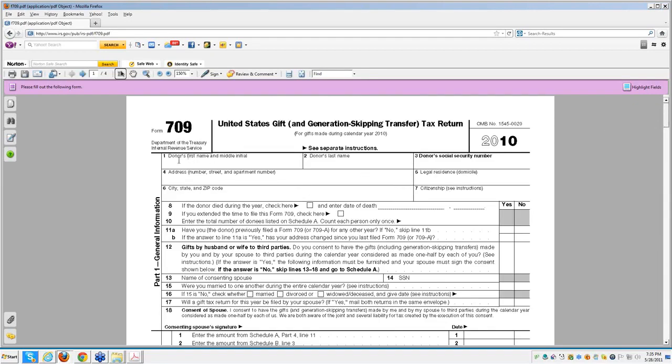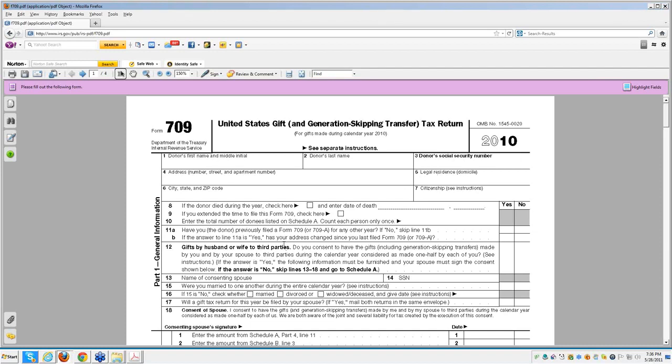You put your name up here, first name and middle initial. Then you put your donor's last name. Donor's social security number, with the dashes. That's your taxpayer identification number.